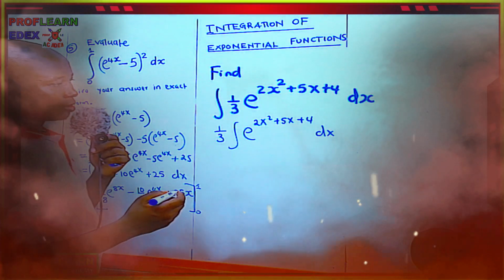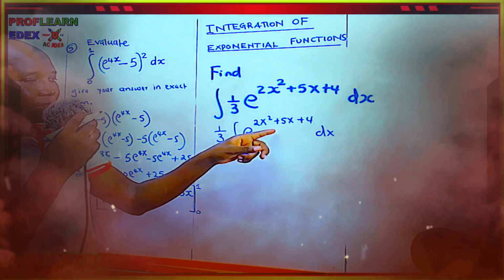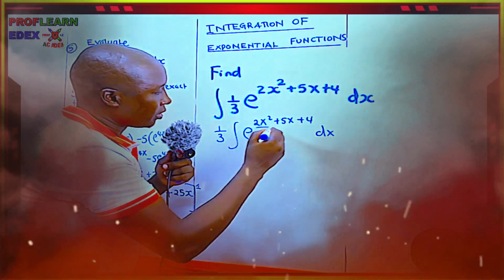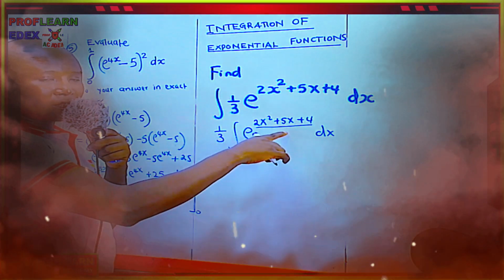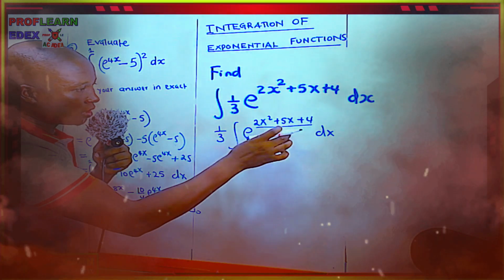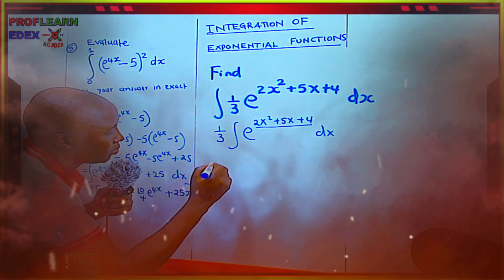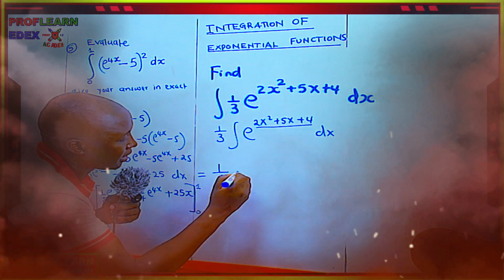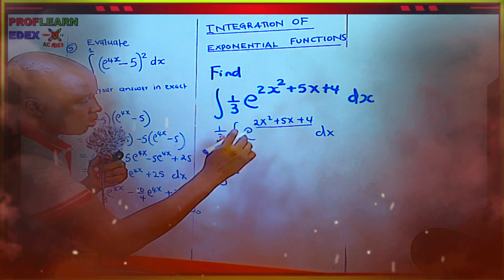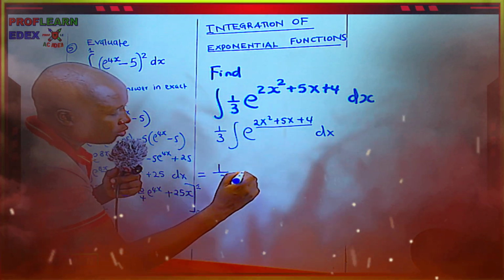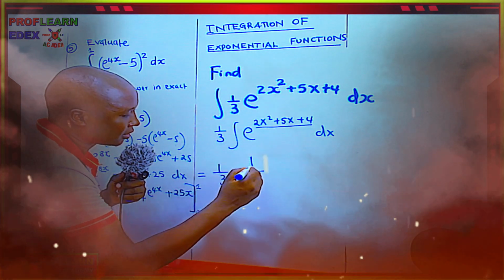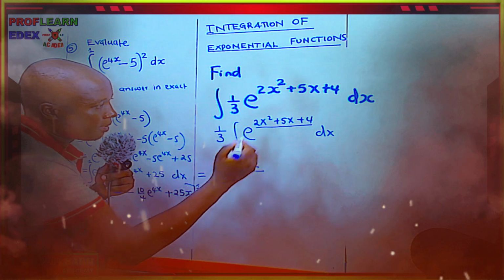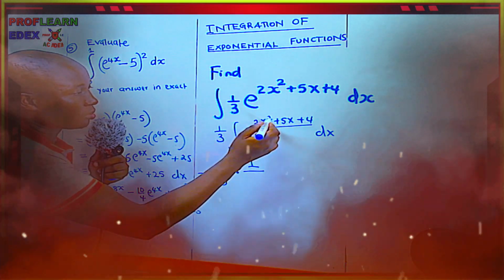So we have mentioned that whenever you are integrating an exponential function, first you need to differentiate this power. When you are integrating this, you will differentiate the power and you shall say 1 over what you will get after differentiating the power.